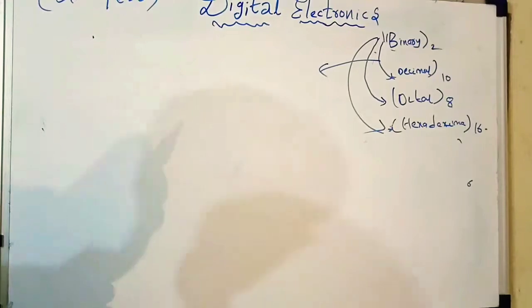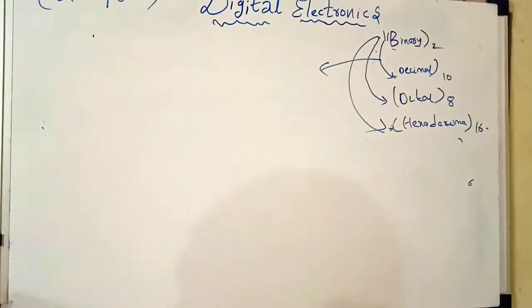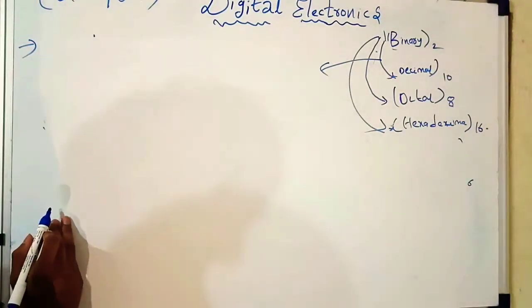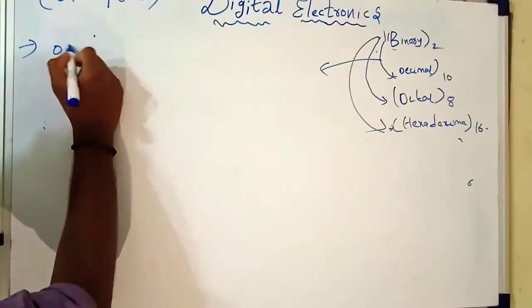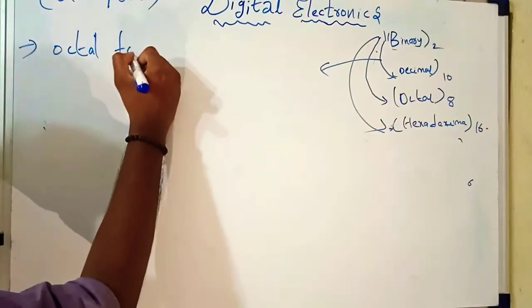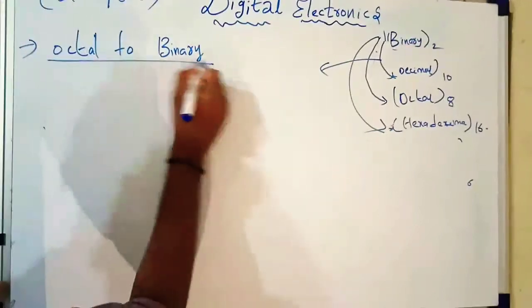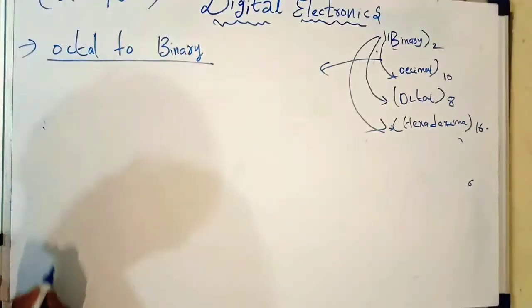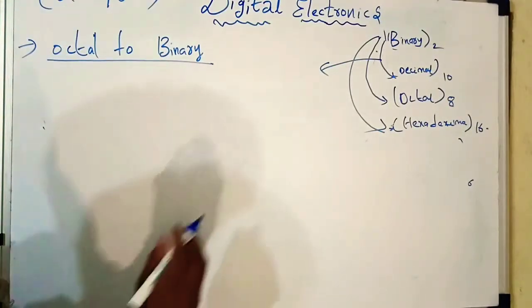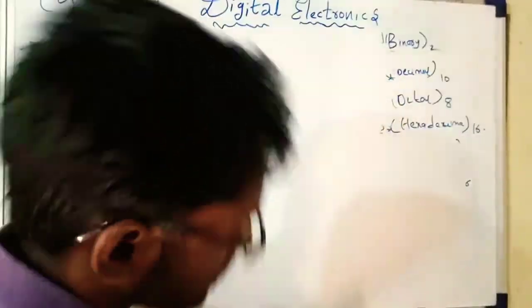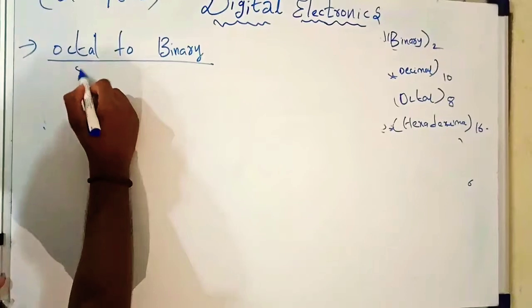Now we will see the conversion from octal to binary. For converting octal to binary, the base value of octal is 8.